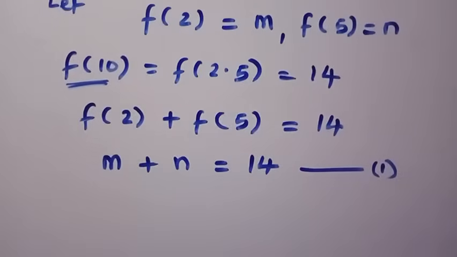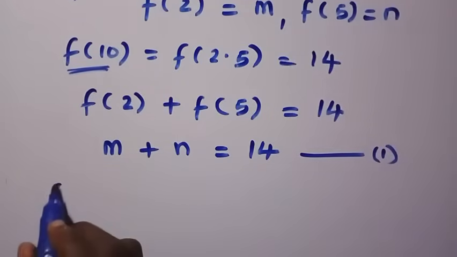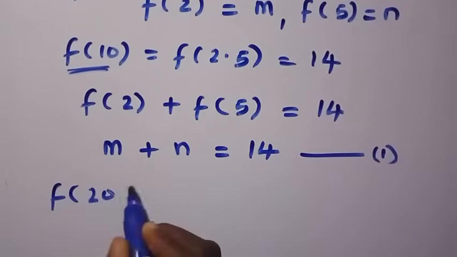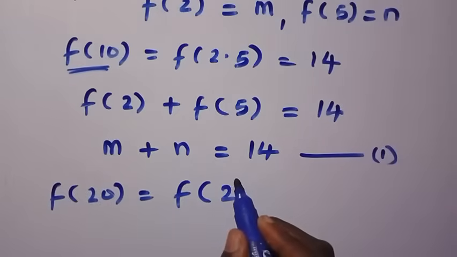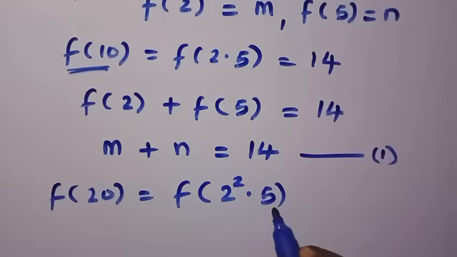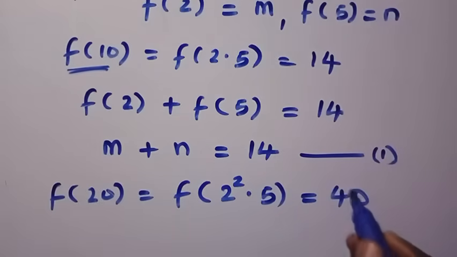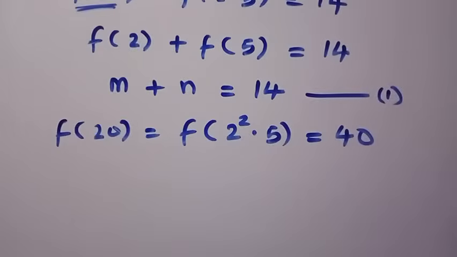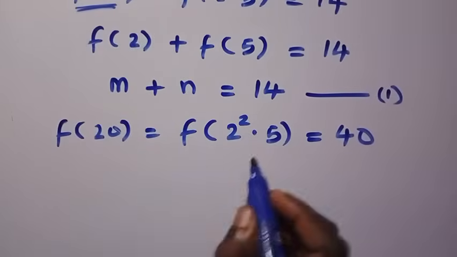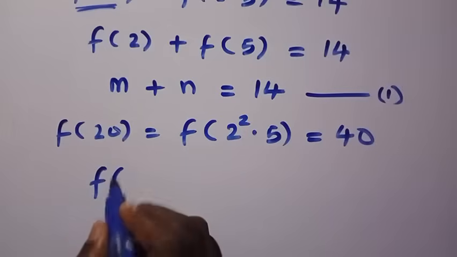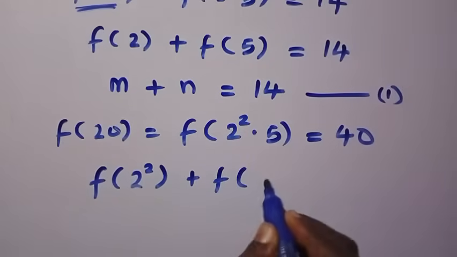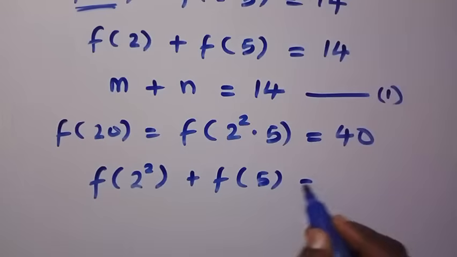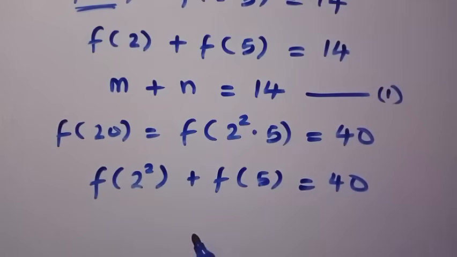And also, if you apply the same thing to f of 20, we are going to have f of 2 raised to the power 2 multiplied by 5, and this equals 40. So applying this same formula, we have f of 2 squared plus f of 5 equals 40.